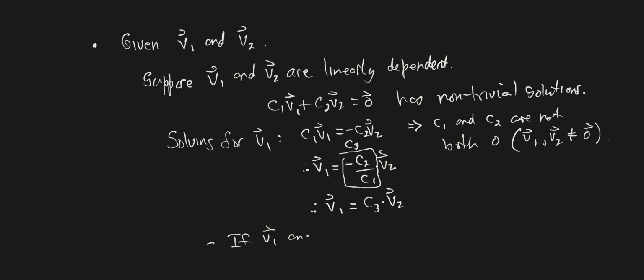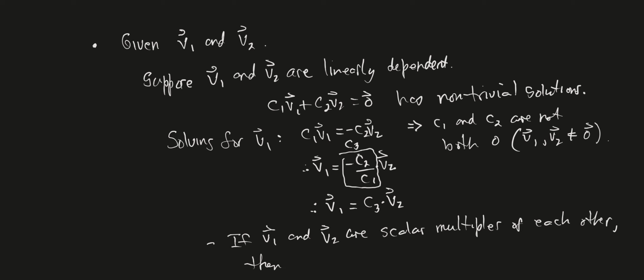If v1 and v2 are scalar multiples of each other, that means one vector is a non-zero scalar multiple of the other one, then v1 and v2 have to be linearly dependent.